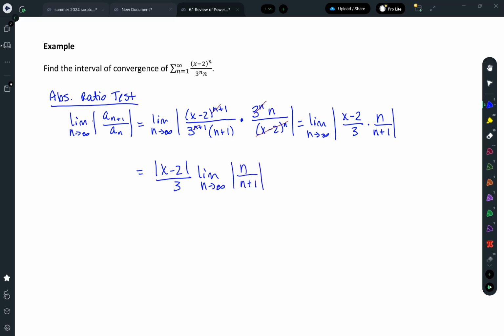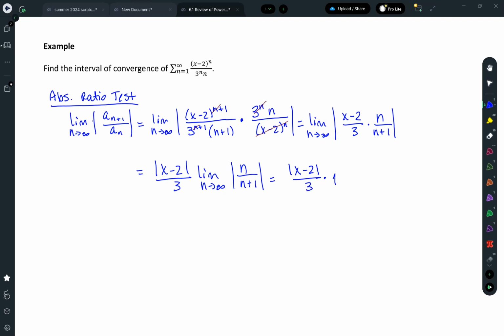Technically, n over n plus 1 I know is a positive number, but I'll just keep those absolute value bars until I've evaluated the limit. The limit on that fraction is 1 because the degree of the top is equal to the degree of the bottom. And so I get a final answer of the absolute value of x minus 2 over 3 times 1.